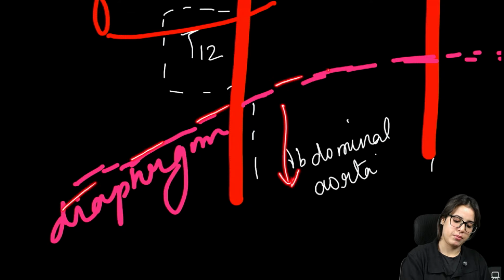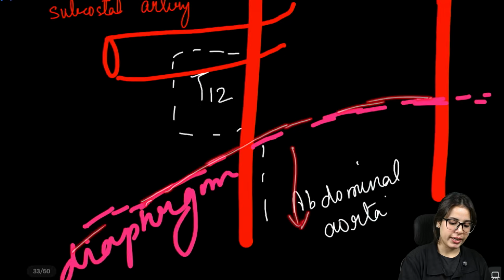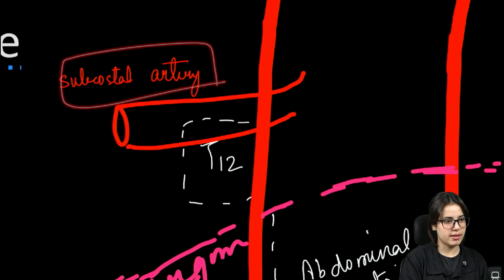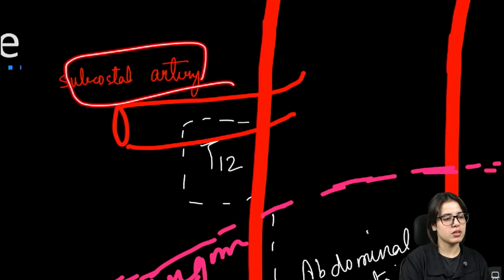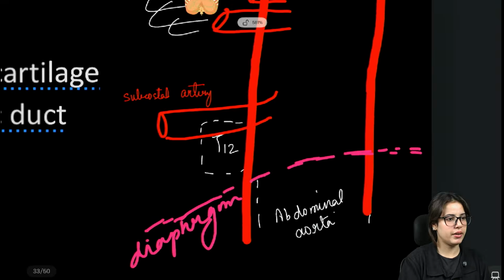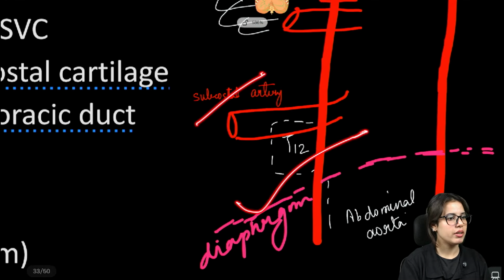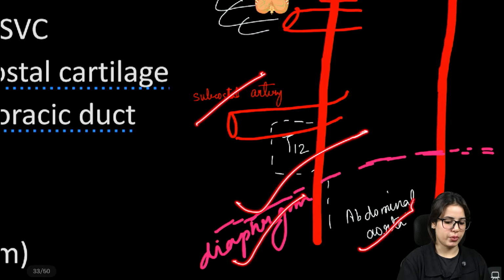This is the diaphragm. Right here is one branch of the descending aorta called the subcostal artery. So remember these three or four points at the end of the descending aorta: subcostal artery, T12, diaphragm, and abdominal aorta.